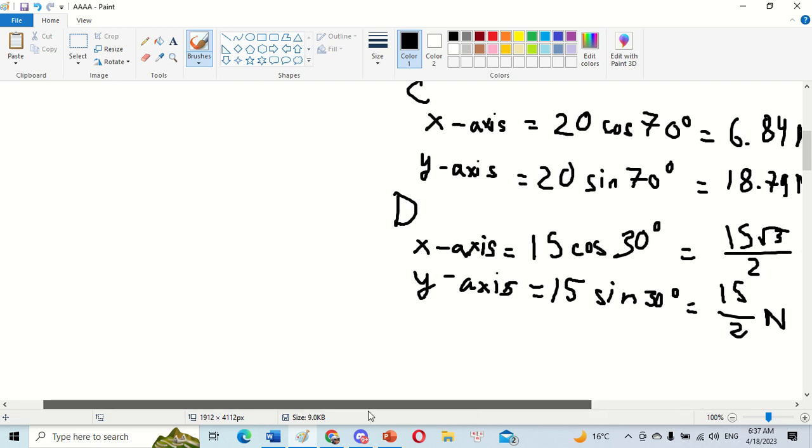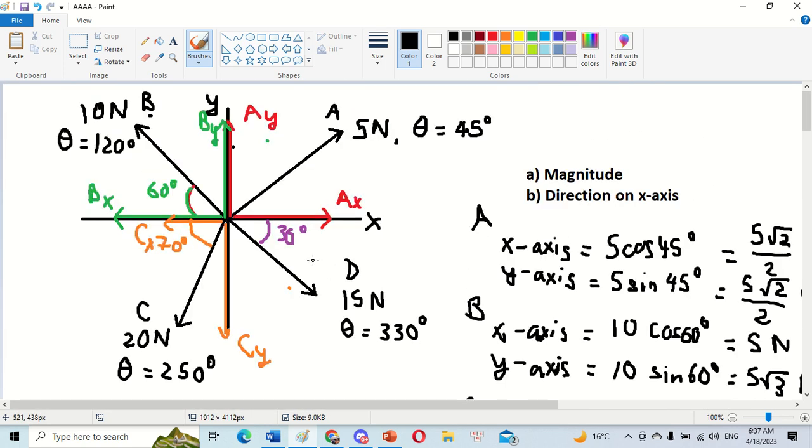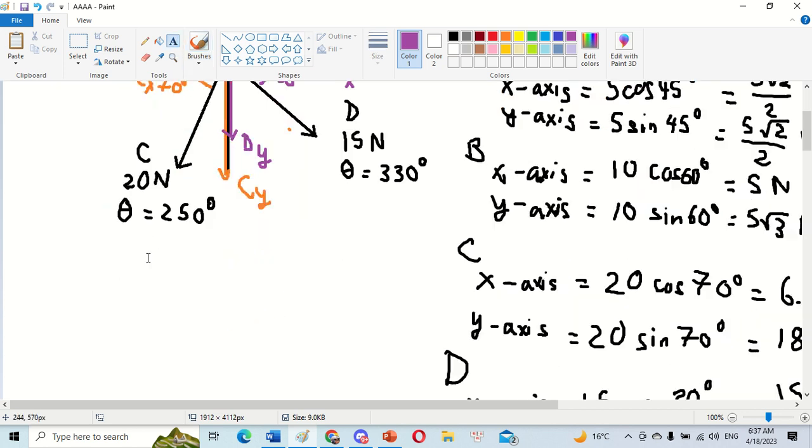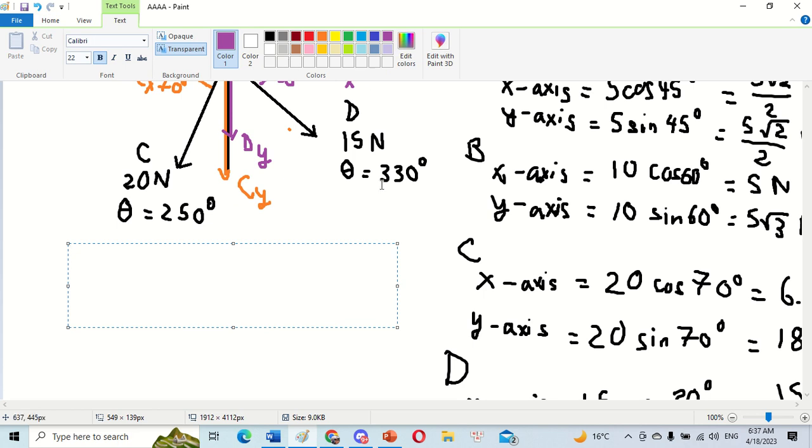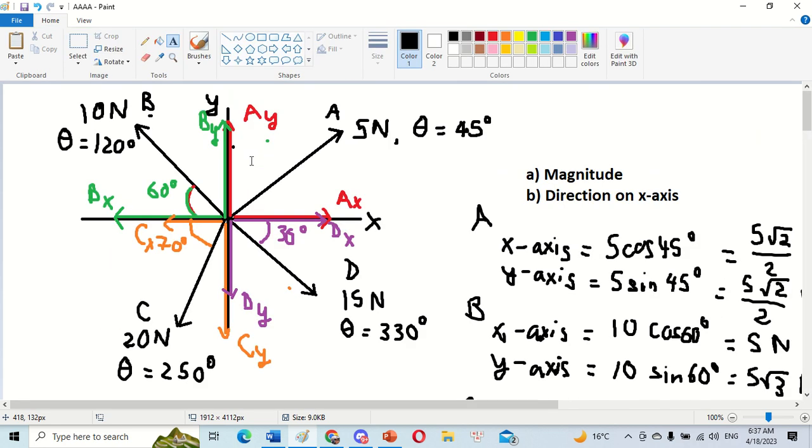So after we got the value, we can find dx and dy. So this is for dx, this is for dy, and now we find the value of x and the value of y. So let's say I will select this one that is positive.